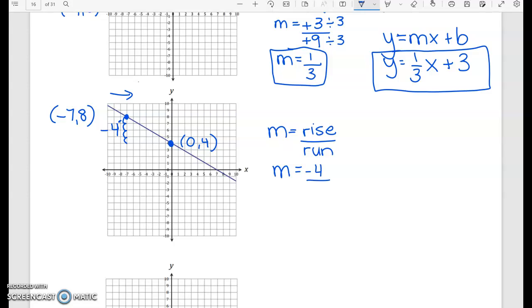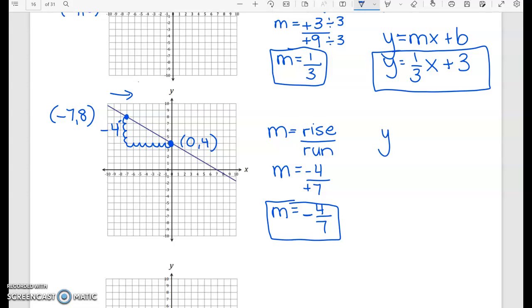And then my run, let's see how much I move over. 1, 2, 3, 4, 5, 6, 7. It's a positive 7. So I end up with -4 over 7, which doesn't reduce, but I can clean that up just how I write it a little bit. That negative can just be assigned to the middle there. So -4/7 would be my slope.